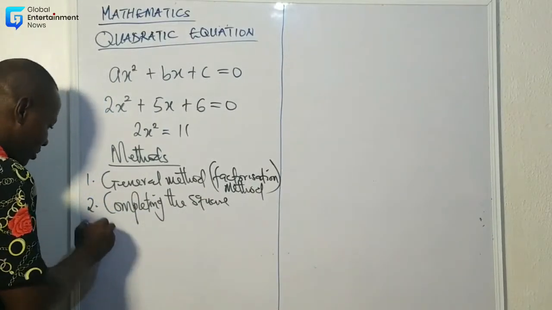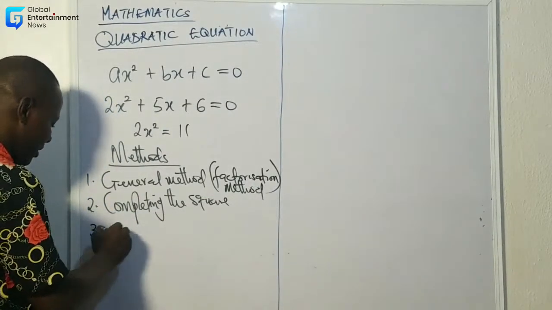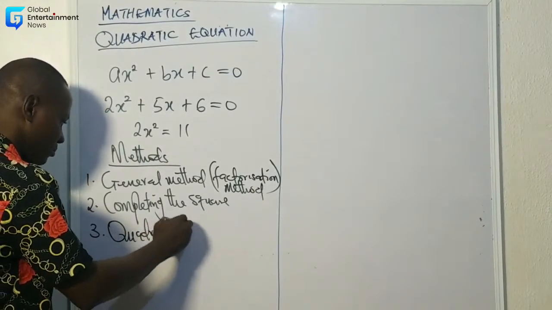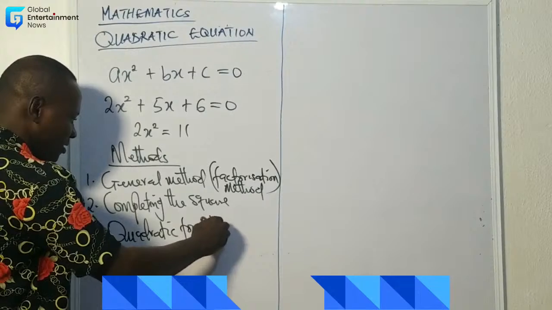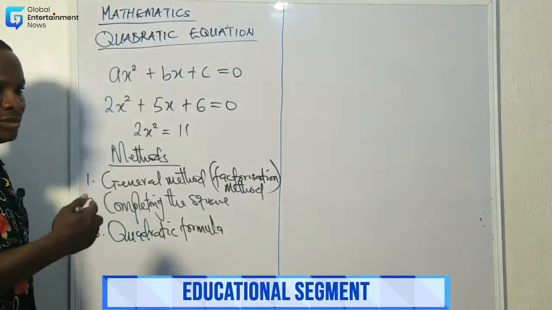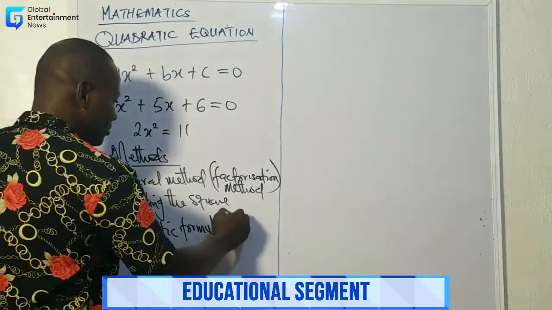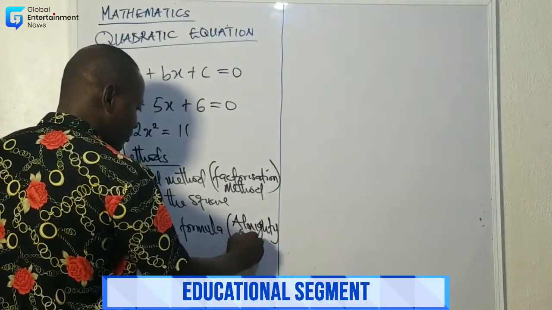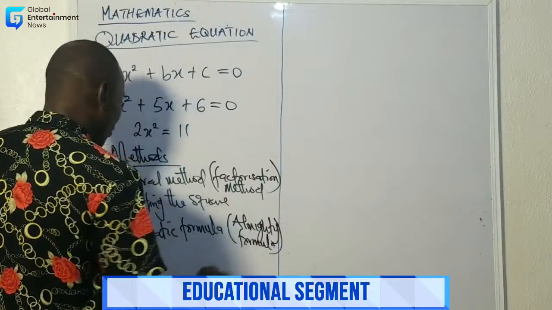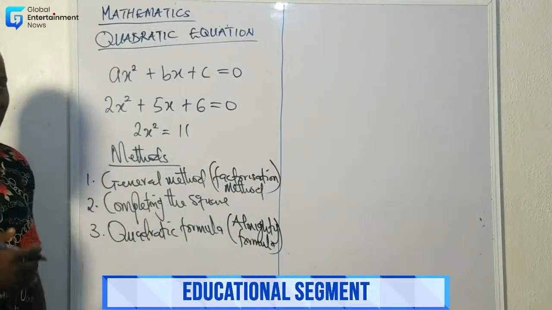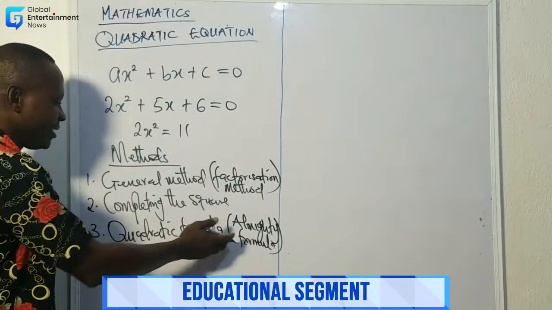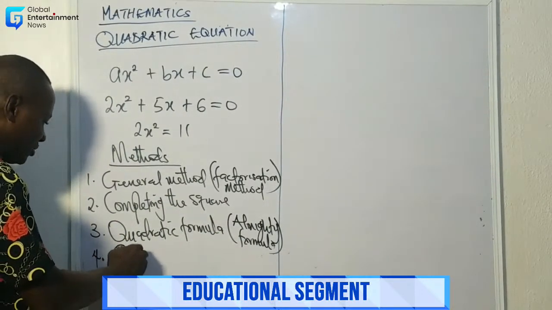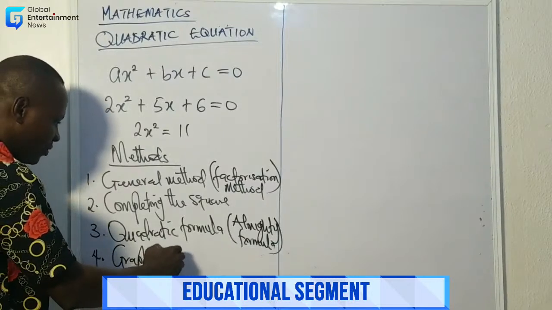The third method, we call it the quadratic formula method, which many people call the almighty formula. Why do we call it almighty formula? The reason being that what the factorization method cannot solve, the almighty formula can solve. And another one, we have what we call the graphical method.